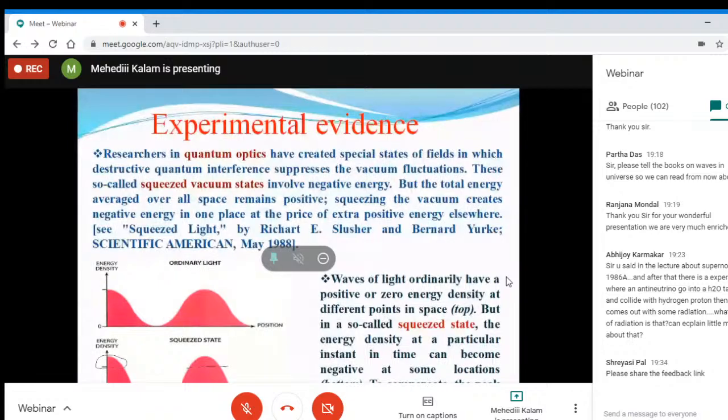But as we know that energy is conserved, this portion's energy actually increases to balance the energy conservation. So we see that at some particular position the existence of negative energy is there.